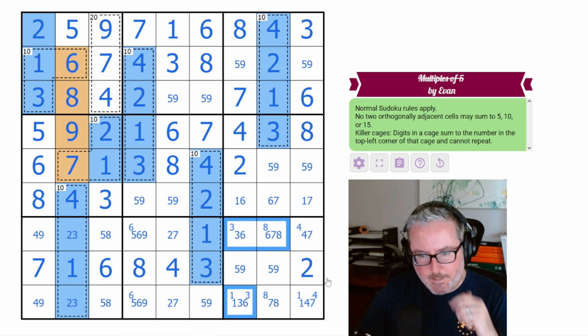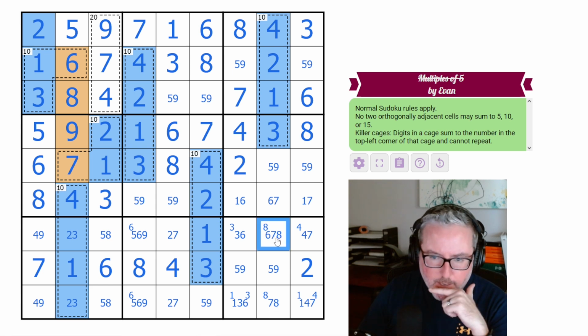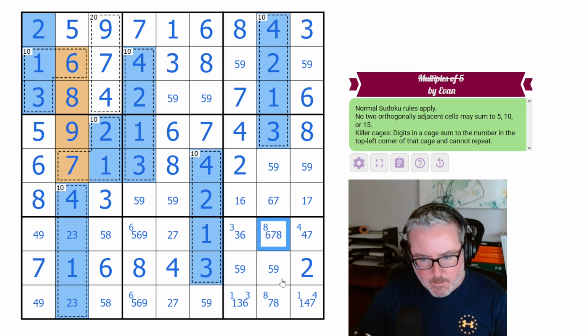One of these 3 is a 6. Come on, we can get this. If we have an 8 here, that forces a 7 and a 6. Any other digit obviously forces the 8 down here.